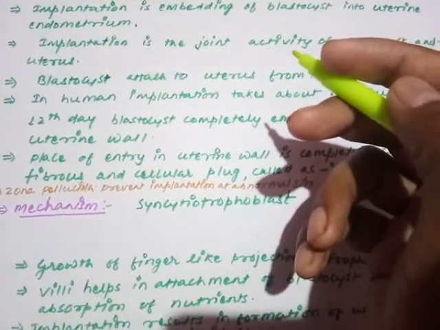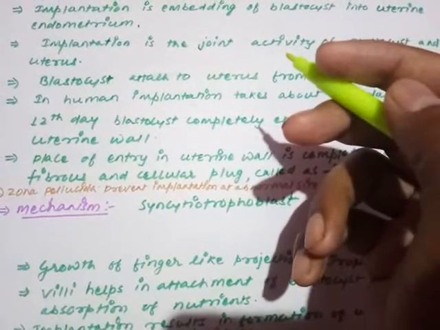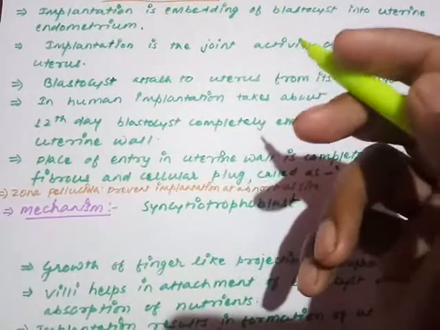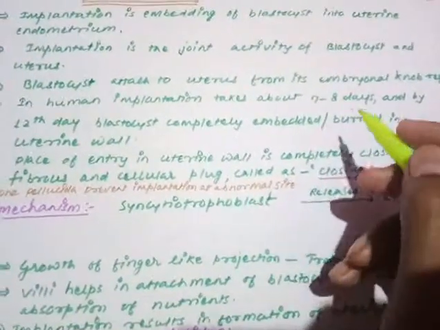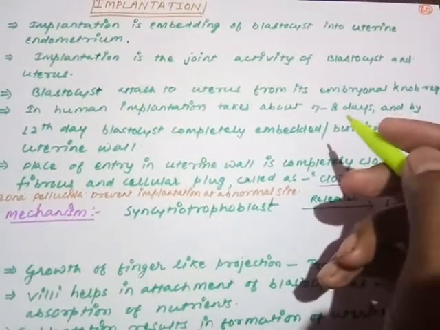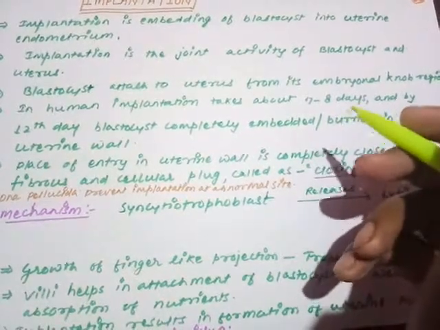That region has the capacity to generate the embryo. So the implantation process occurs in the region where the embryoblasts are present, only in the embryonal knob region. The blastocyst attaches to the endometrium through the embryonal knob only.